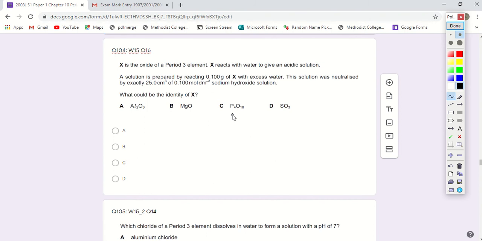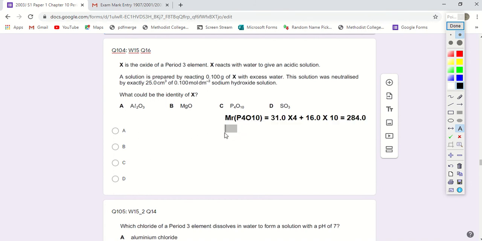Okay, now I find the molar mass of P4O10. So 31... you should get 284.